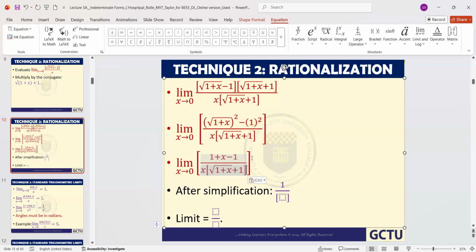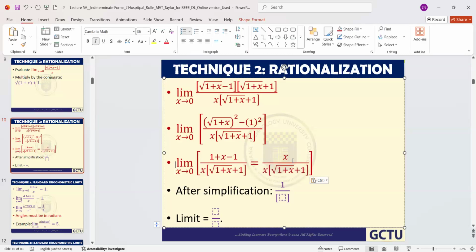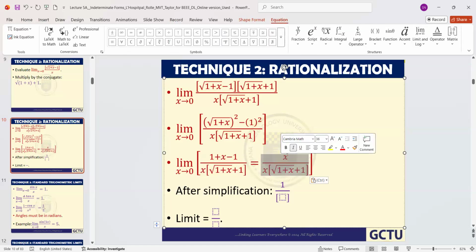Now, if you simplify this again, you know that the numerator will give you x over what we have right now. Okay. Now, if you substitute, the x in the numerator will cancel the x in the denominator. So you'll be left with 1 divided by the term in the square root sign.